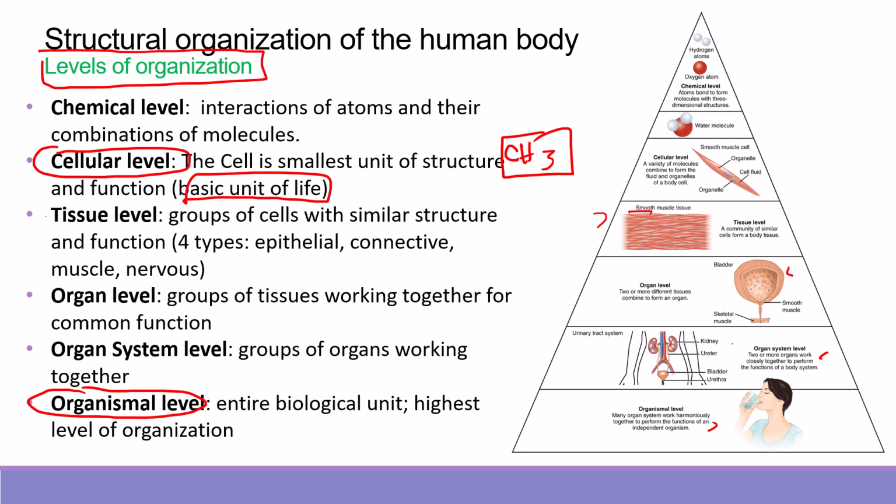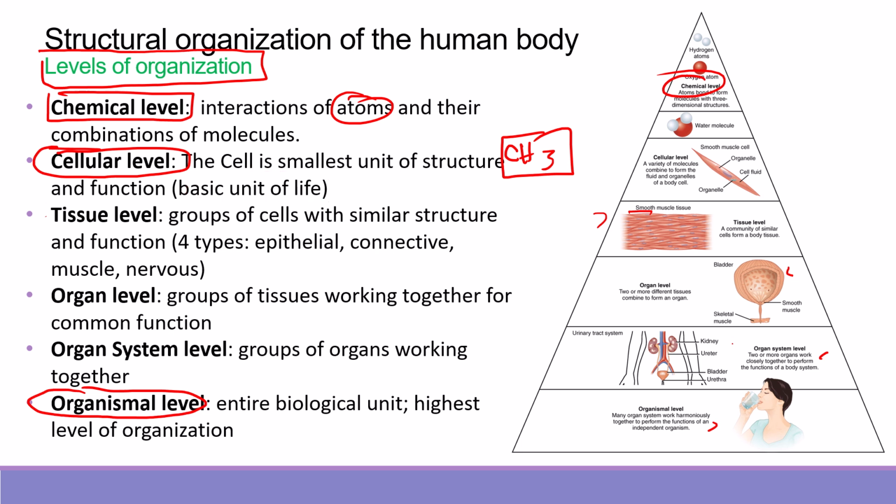In chapter 2, we're going to learn the chemical level of organization, which is understanding how the atoms, elements and molecules interact with each other, and which elements are important for the human body. That is the chemical level. But you just know that the cellular level is going to be very important.